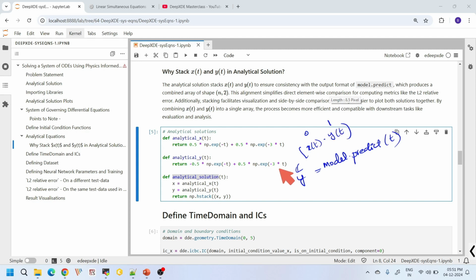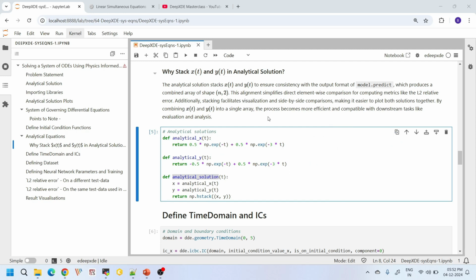So in order to produce the analytical solution in the same way, we are just horizontally stacking the analytical solution x and analytical solution y, so that both our analytical solution and model.predict are analogous to each other. This is why we are stacking them here.